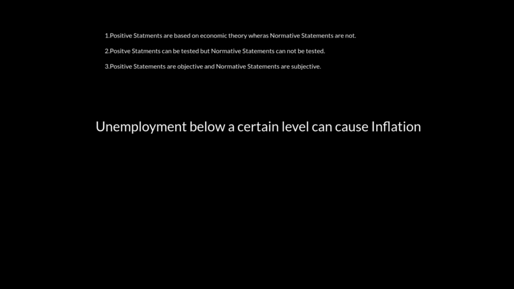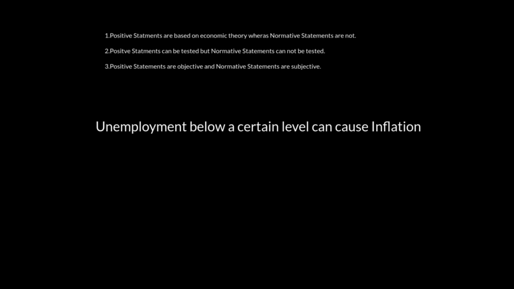The second rule is that positive statements can be tested, but normative statements cannot be tested. So since unemployment has a certain value, because obviously we say that there is, let's say, 5% unemployment in this economy, that's the ratio of people who are unemployed to the total labor force in that economy.